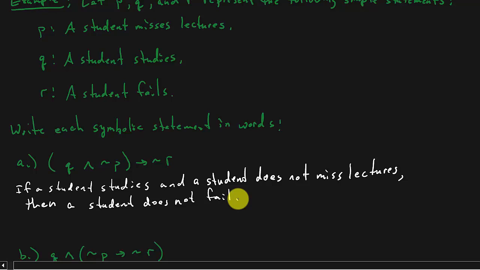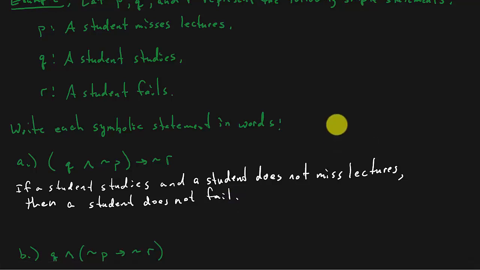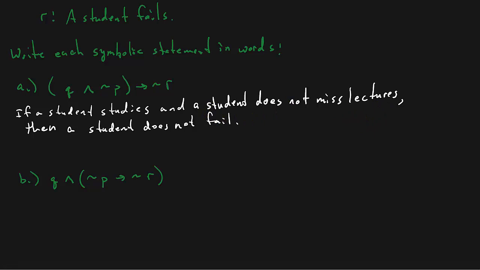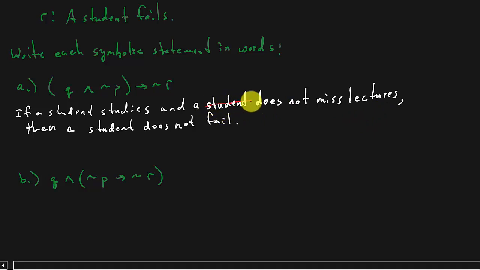All right, so how could we rewrite this? Well, if a student studies and a student does not miss lectures, maybe one way to rewrite this is to leave that out. So if a student studies and does not miss a lecture, then the student does not fail.